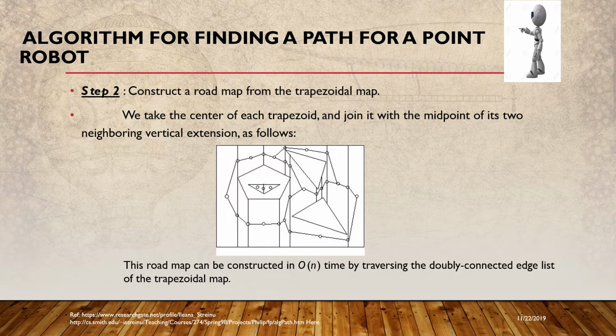What we have done is take the center of each trapezoid and join it to the midpoints of its neighboring vertical extensions. This road map can be constructed in big O of n time by traversing the doubly connected edge list of the trapezoidal map.